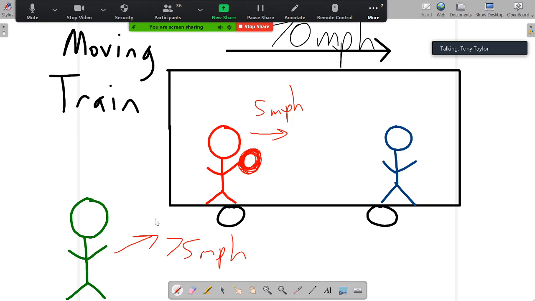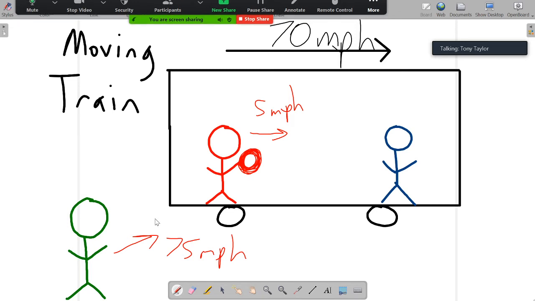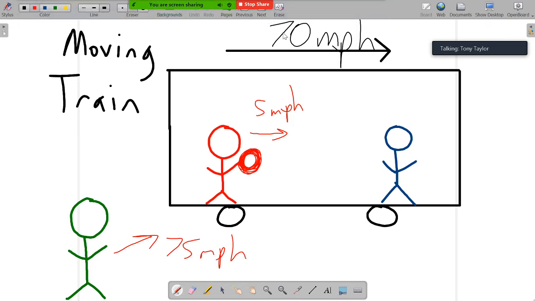And remember what they said in the video: whenever you're converting between reference frames, all you do is add or subtract your velocities depending on your direction. So we're just combining our velocities here. 70 plus 5 gives us 75.